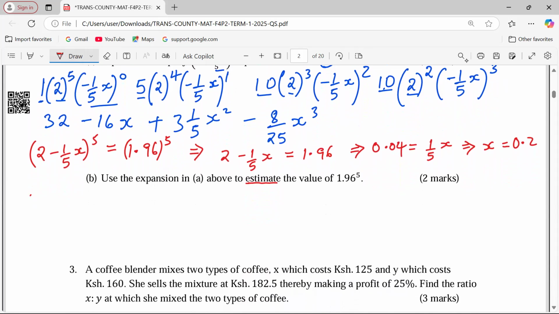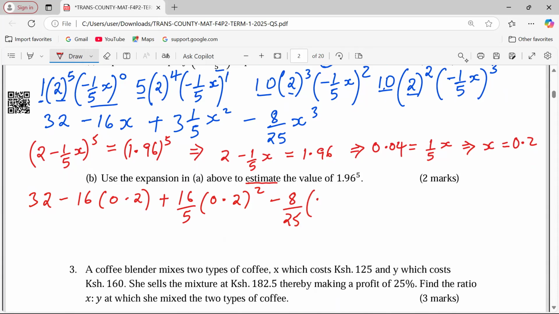So 32 minus 16 times 0.2, plus this one, I'm going to have it as 16 over 5. For efficiency in my calculation, let me have it that way. This now becomes squared. Minus 8 out of 25. Then 0.2 shall be cubed.